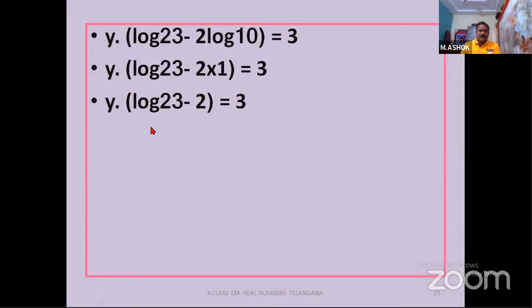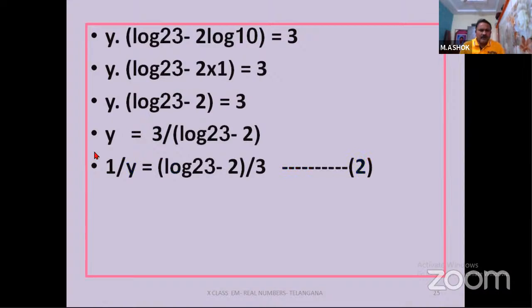So send this log 23 minus 2 to the other side. Now that becomes y is equals 3 by log 23 minus 2. So we require 1 by y value. So the reciprocal of this is 1 by y is equals to log 23 minus 2 by 3. Simply interchange the numerator and denominator. So 1 by y value will be log 23 minus 2 by 3.